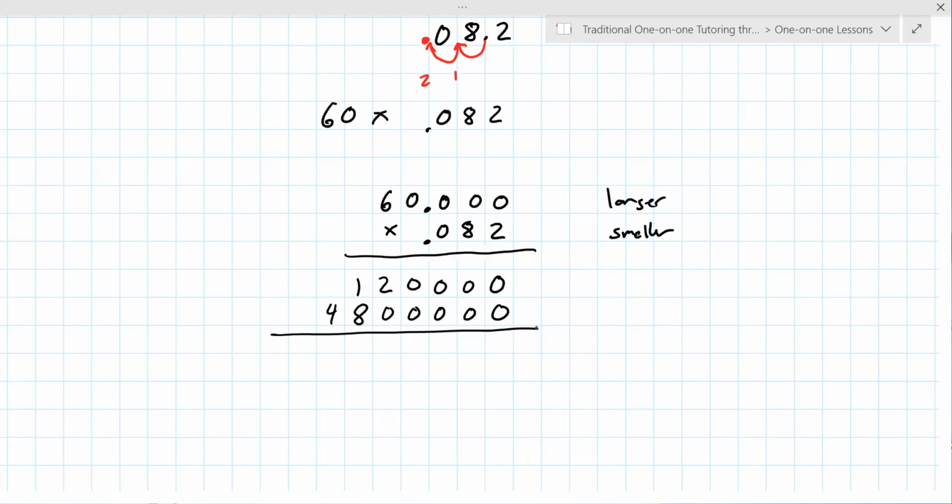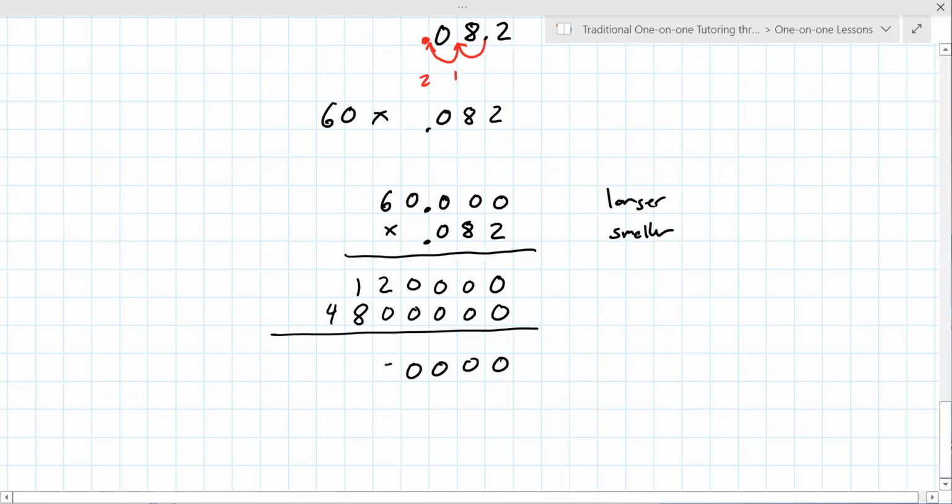Let me just walk you through this problem, because I don't want you to spend all your time on one problem here. I'm almost done. The problem with this is there are so many zeros, it's sometimes overwhelming.